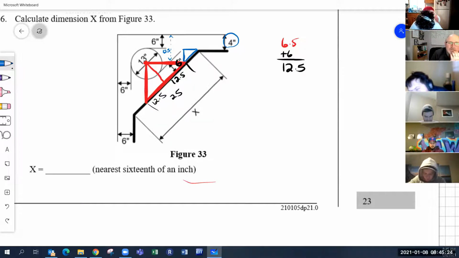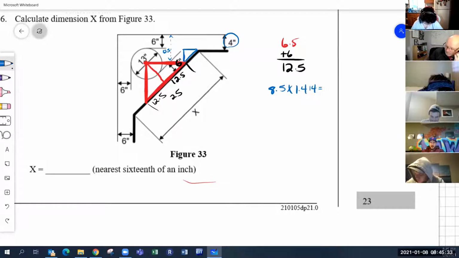So 12.5 minus 4 is 8.5, and I can get the travel for that by just multiplying by 1.414. And that equals 12.019. So this line is 12.019.